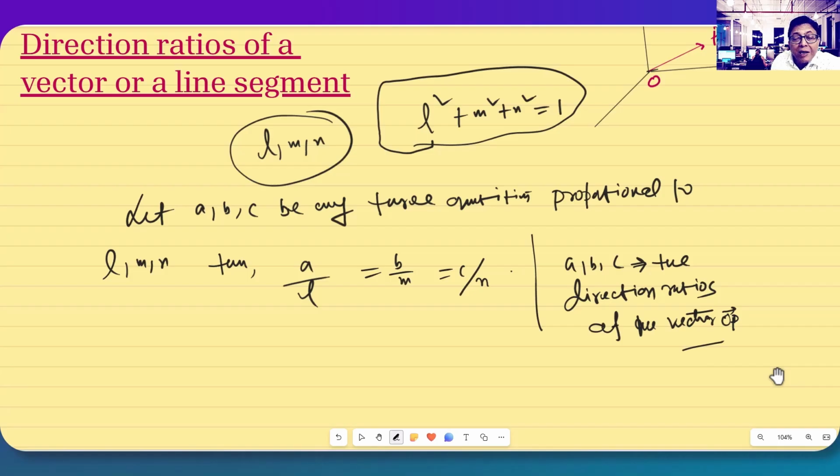Let us assume that this is equal to K. Assume this thing equal to K. Then L is what?